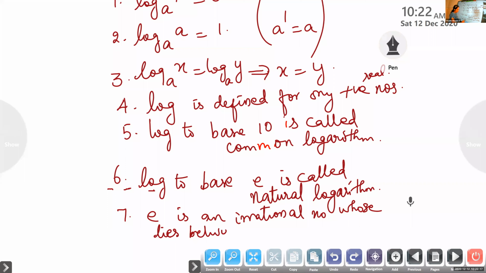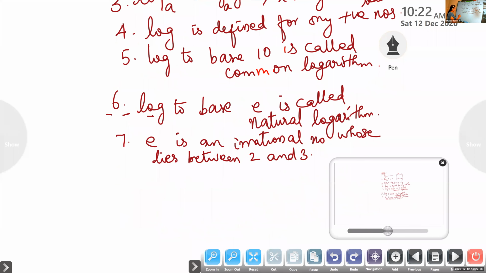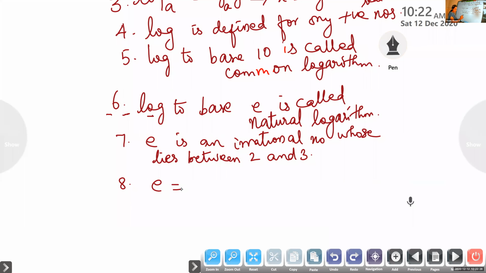The value of e is approximately 2.718281 and so on.